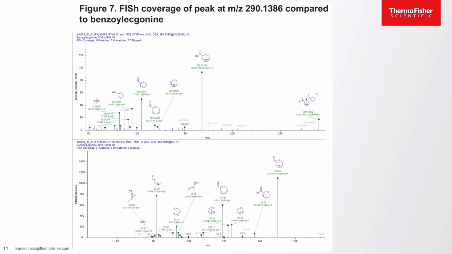What if you don't have mzCloud data to look at? What if this is a true unknown that you have to try to figure out what it is through potential structures that you feed Compound Discoverer? Well, Compound Discoverer can do FISh scoring or fragment ion search at the MS3 level as well.